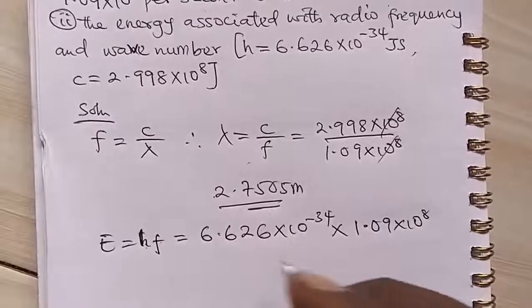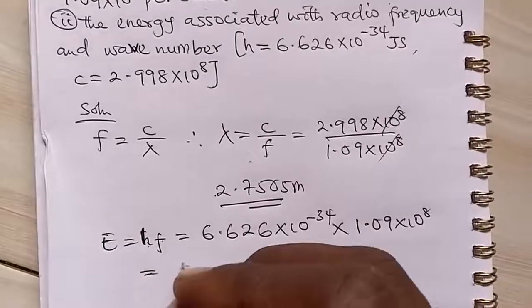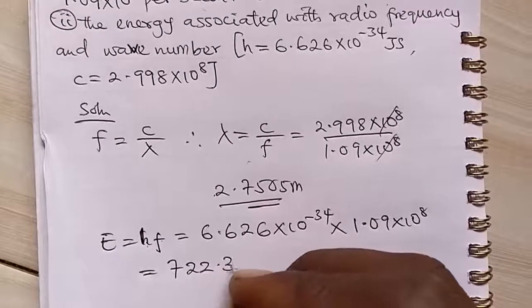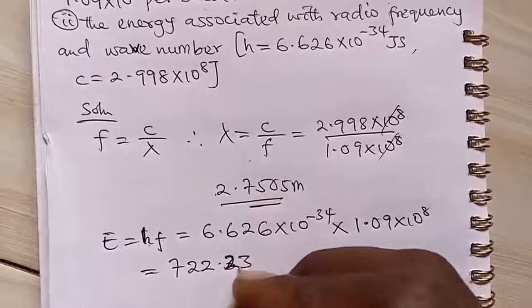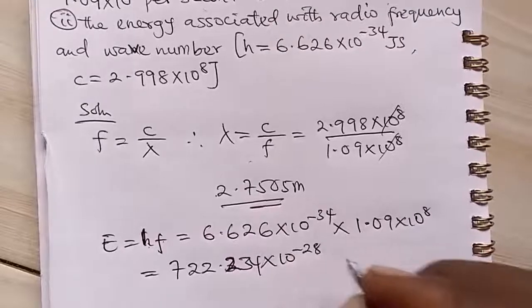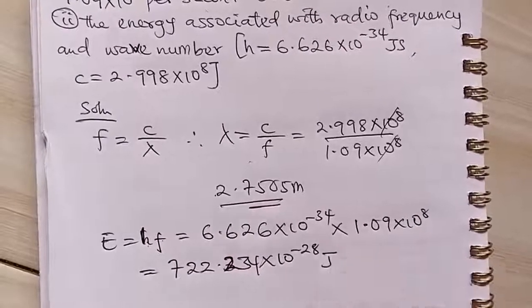If we multiply that, we get that the energy is 722.234 times 10 raised to power minus 28 joules.